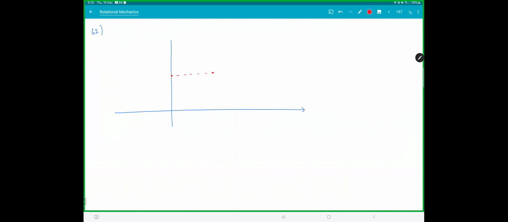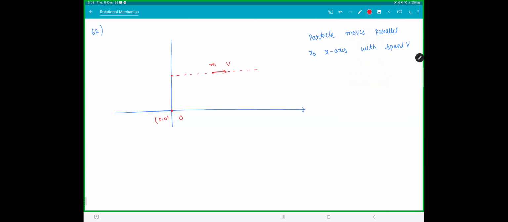We have a particle here, mass m. It's going with speed v parallel to the x-axis. This point is your origin, 0, comma 0.